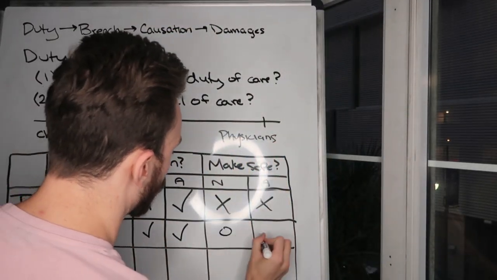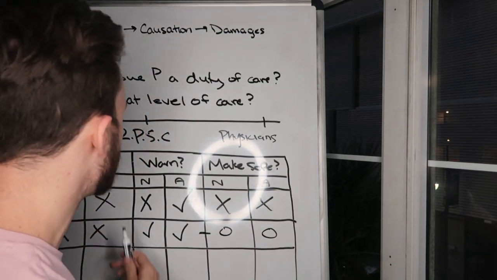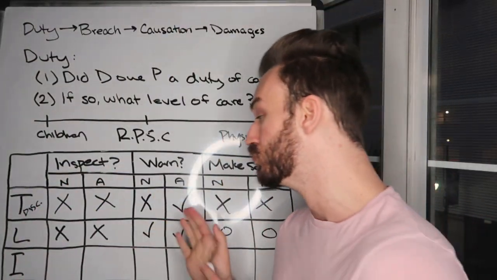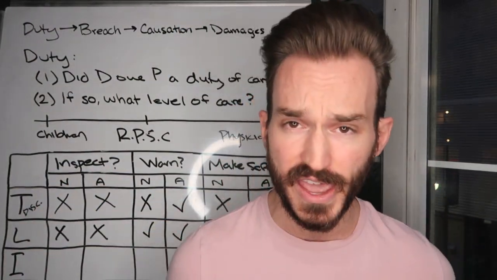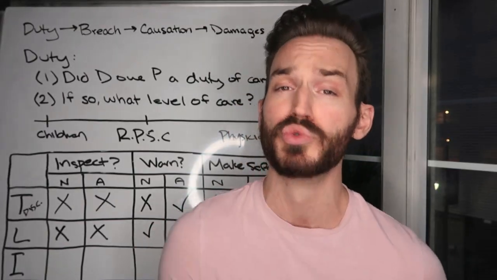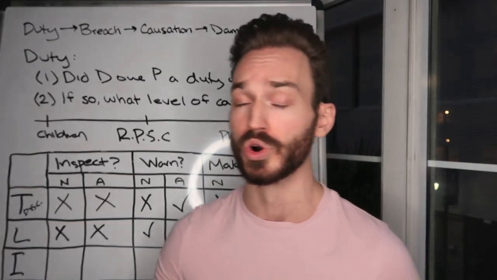So I'll put circles here and a little line right there. That just represents that you can warn or make safe, but at minimum, you have to warn the social guest of the hidden danger, right? And remember, it's any hidden danger that poses an unreasonable risk of harm. It doesn't have to be serious bodily harm or death.